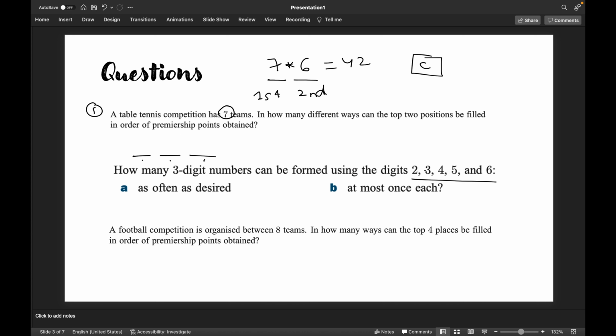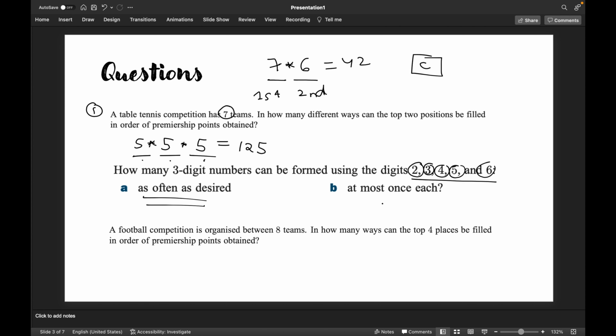So if we can use any of these 5 numbers as often as we desire, then the first place can be filled in 5 ways because we have 5 numbers available. Even the second one can be filled in 5. Even this. Now we have to multiply them because they're in succession and they're independent events. So it's going to be 125.